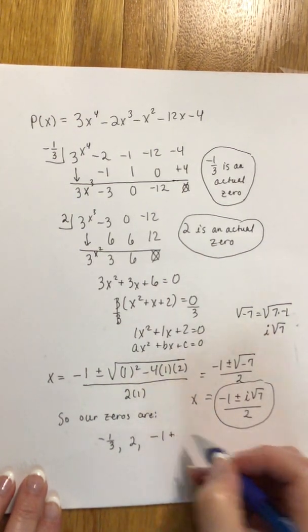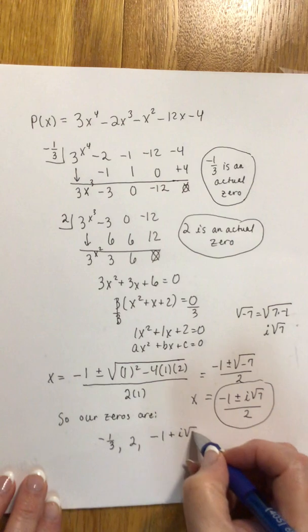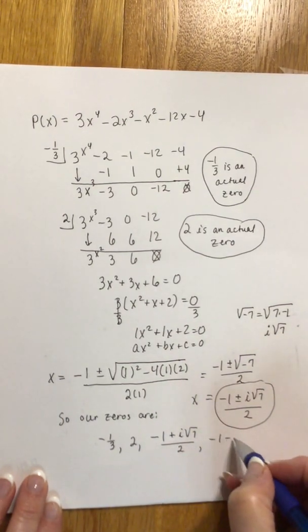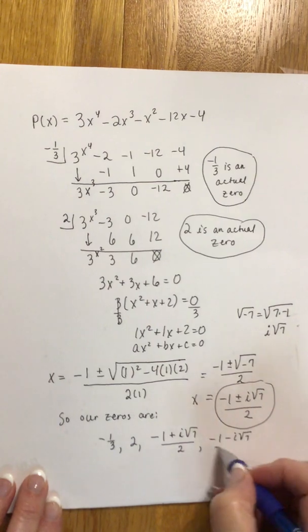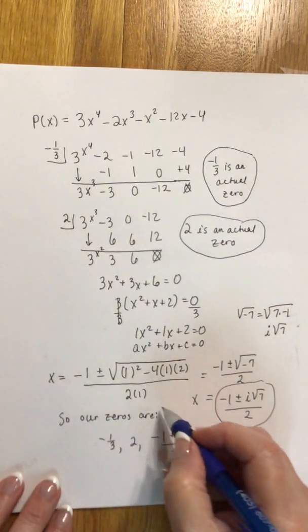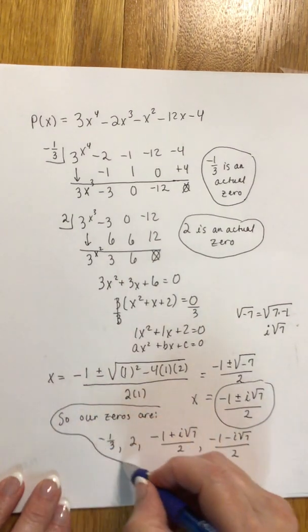Negative 1 plus I square roots of 7 over 2, negative 1 minus I square roots of 7 over 2. So these would be my zeros.